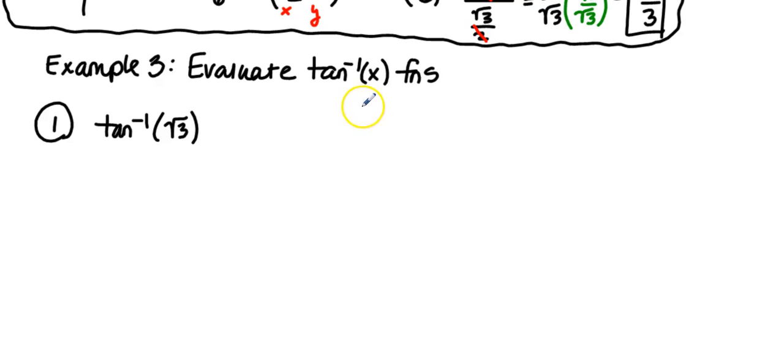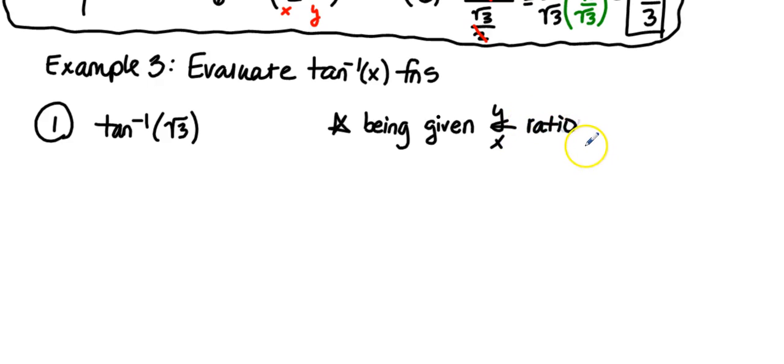So big picture, let's reason on what's being given here. If I have inverse tangent, that means I am being given the y divided by x ratio. That's what this is. This is the result of y divided by x.